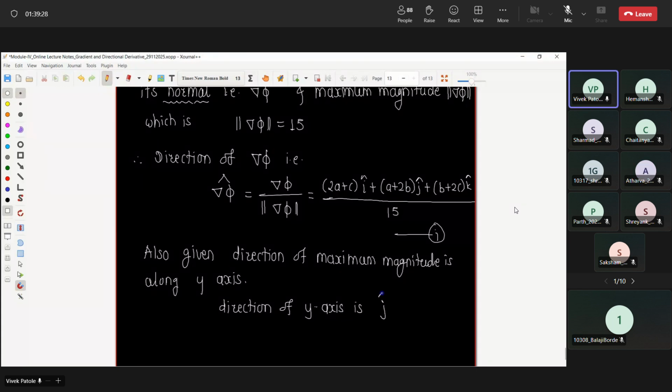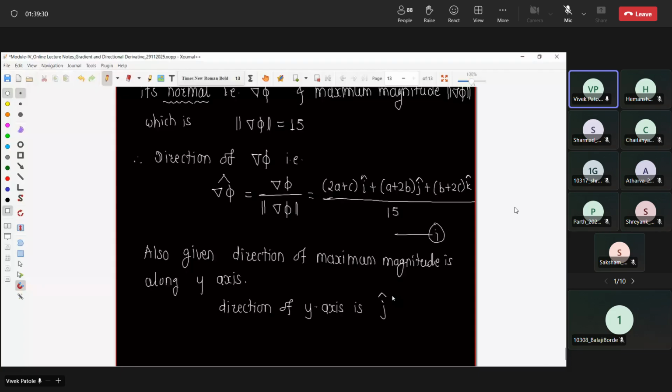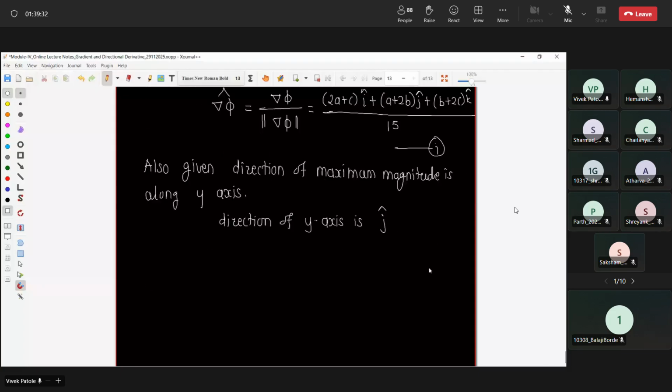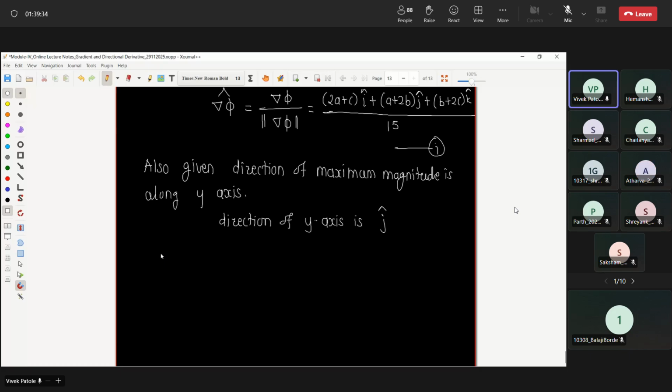It is j cap. Do you agree with me? Yes. Okay, so therefore, now both del phi cap is a direction of maximum change, and the direction of the y-axis is also the direction of maximum change.